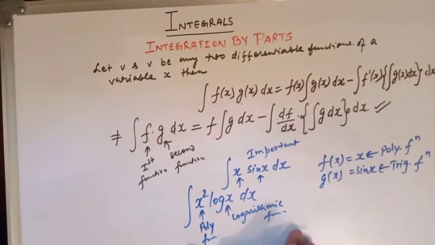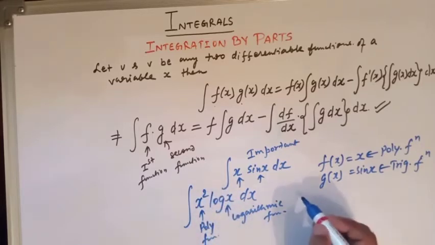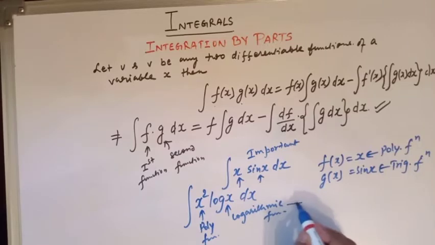So in this case we have x square as polynomial function and log x as logarithmic function. So in this case the log function should be treated as the first function. So we must treat a logarithmic function as the first function.